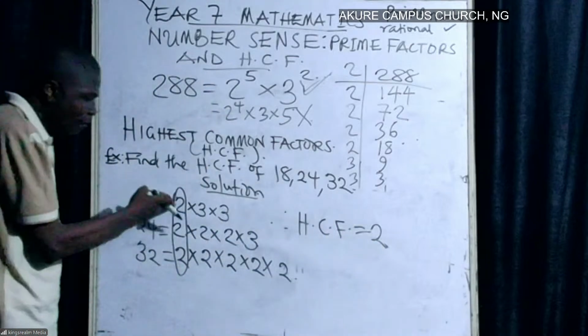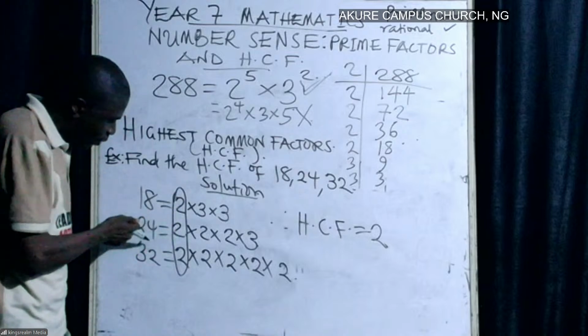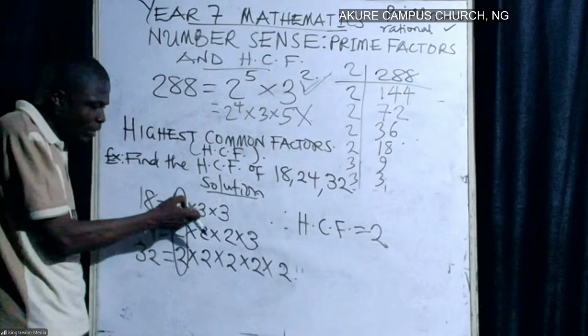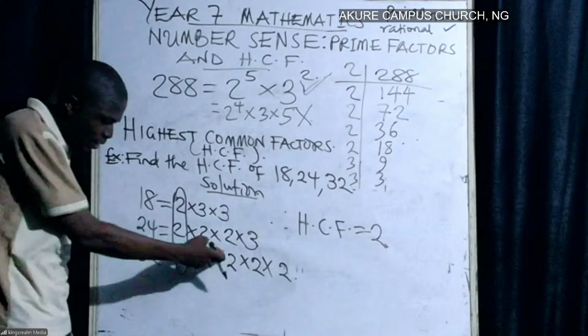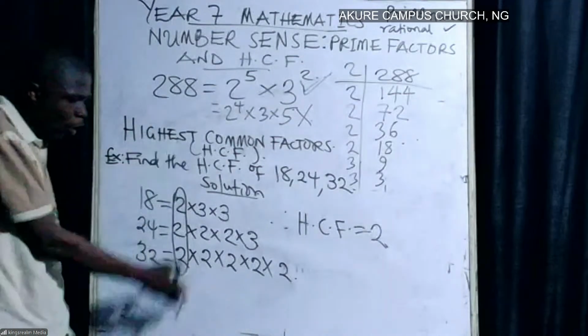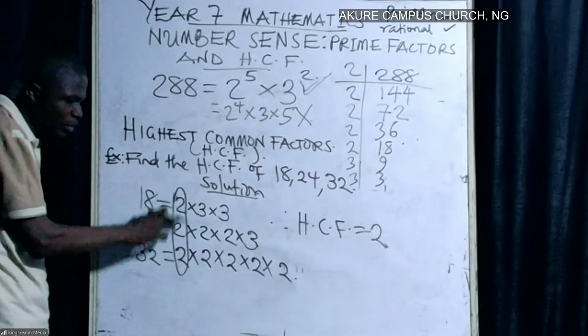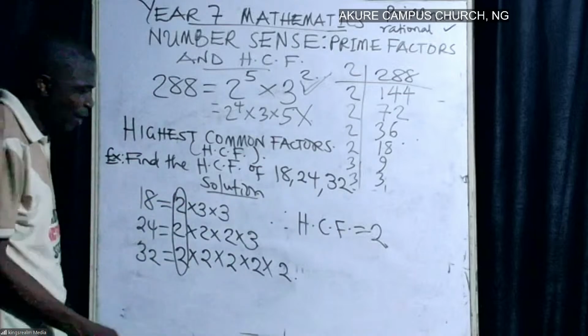Because 2 can go in 18, 2 can go in 24, 2 can go in 32. But 3, even though 3 can go in 18, 3 can go in 24, 3 cannot go in 32. So it's not common to all.